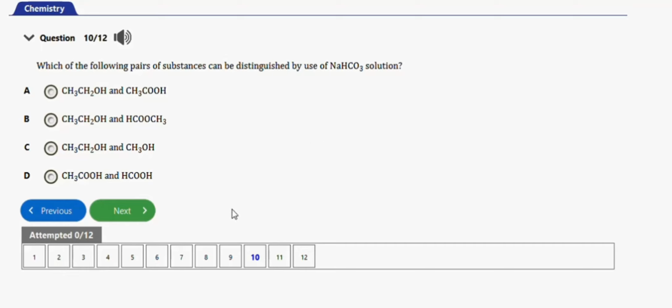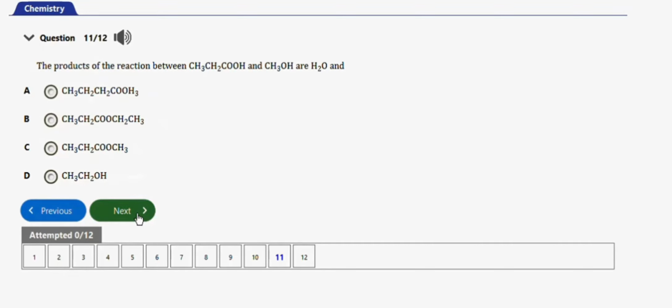Last question I have here before I end this video will be this one. It says the products of the reaction between this compound and this compound are water, and so you're going to have an ester. So basically here an alkanol is reacting with an alkanoic acid. So when the two react, you're going to have ester as a product.